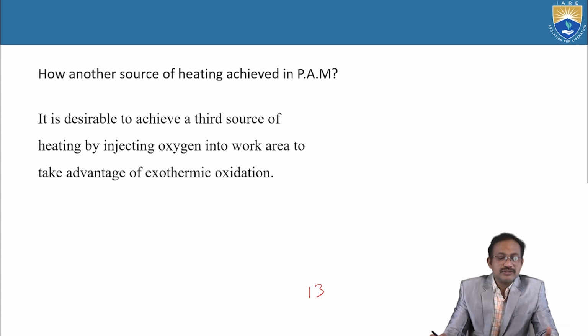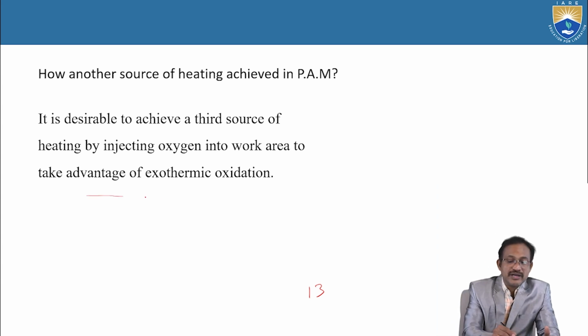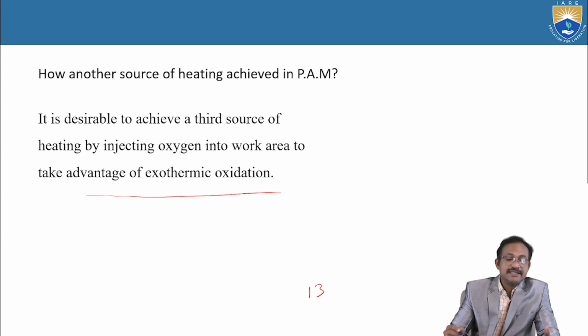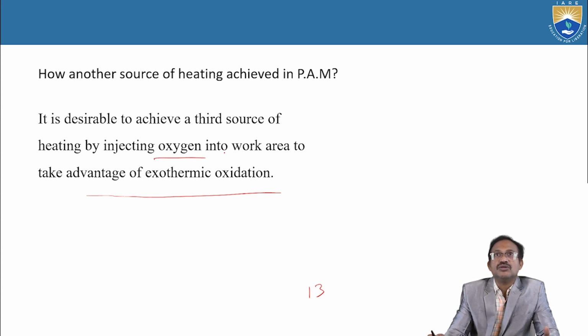It is desirable to achieve a third source of heating by injecting oxygen into the work area to take advantage of exothermic oxidation. So when we supply oxygen onto the workpiece, the exothermic reaction or exothermic oxidation will take place.